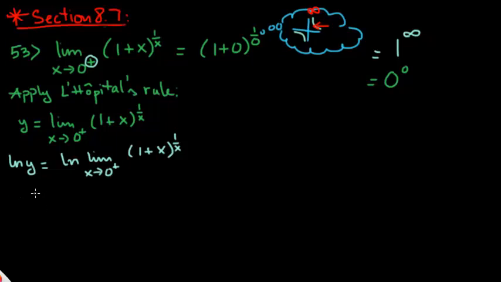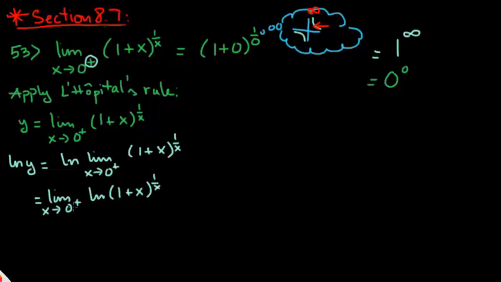Then this will be equal to, since the limit can be put outside and the logarithm stays inside, the limit of ln of (1 + x) raised to 1 over x.